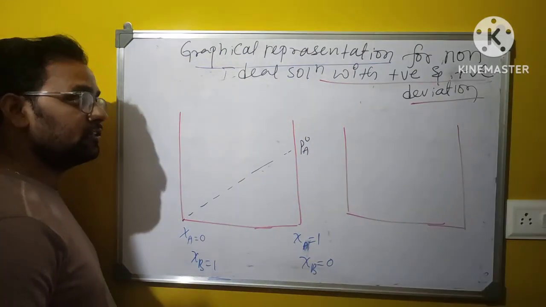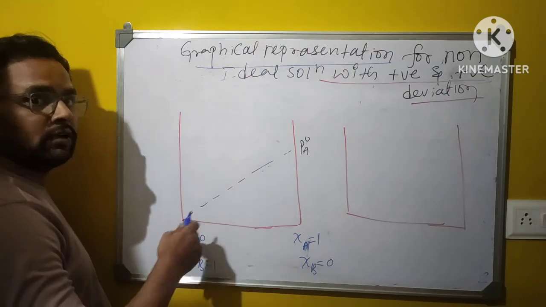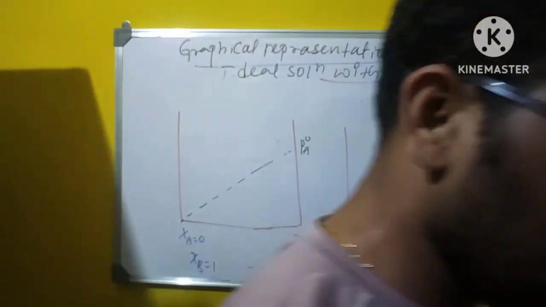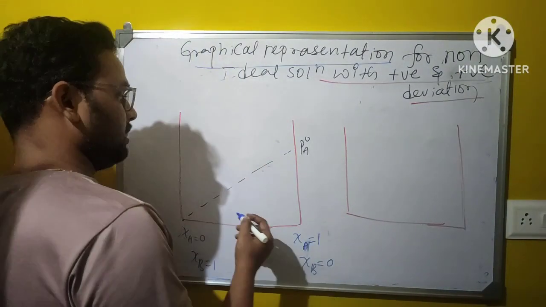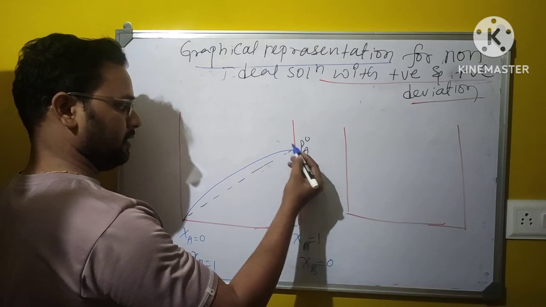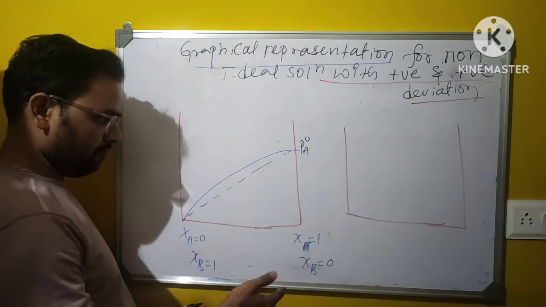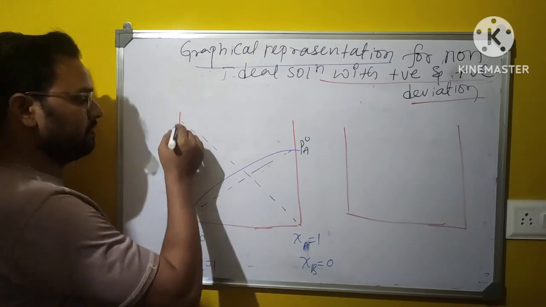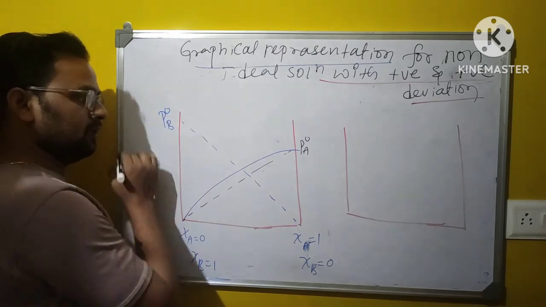But for non-ideal solution with positive deviation, the vapor pressure is greater than the expected values. Here right to left mole fraction of B increases, the vapor pressure also increases, when it reaches maximum, that is PB naught.